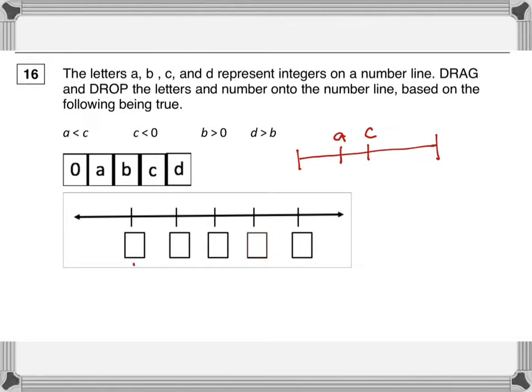Then 0, C. All right, then I'm going to look at this one where C is less than 0, which means that 0 is going to be over here. And then I have B is greater than 0, so B is going to be over here. And then D is greater than B, which means that D is here. So when I draw this in, it is A, C, 0, B, D.